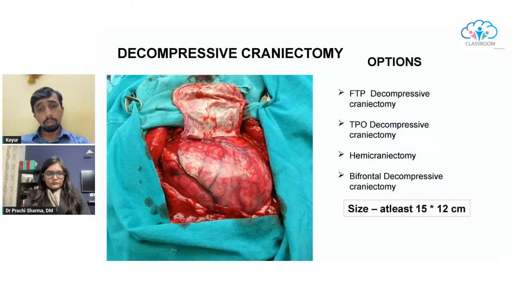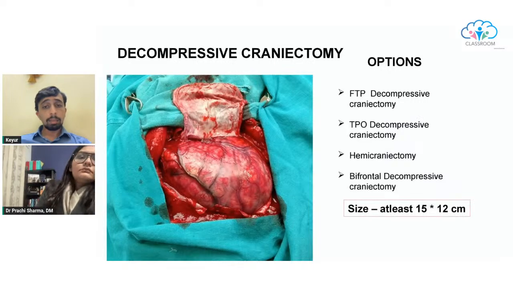There is diffuse edema. It appears very red, and the brain is bulging outside the dura. There are release incisions given at the edge to accommodate more space for the brain, and we cover the brain with a pericranial graft to avoid further post-op complications of decompressive craniectomy, like subgaleal bleeds, hematoma, hygroma, CSF leaks, as well as hydrocephalus.